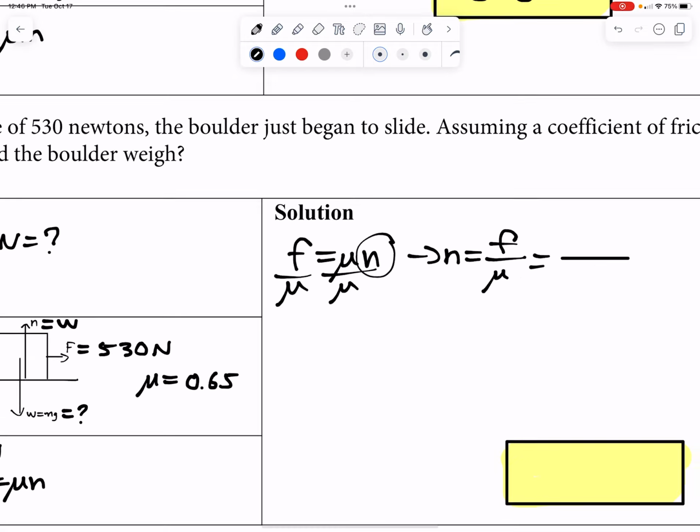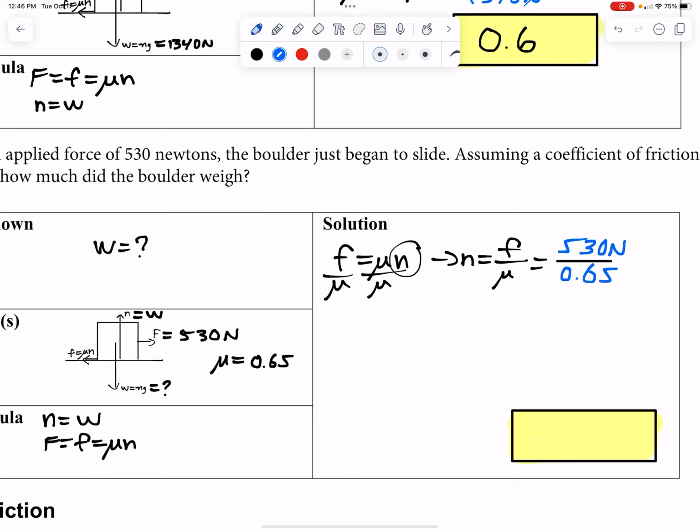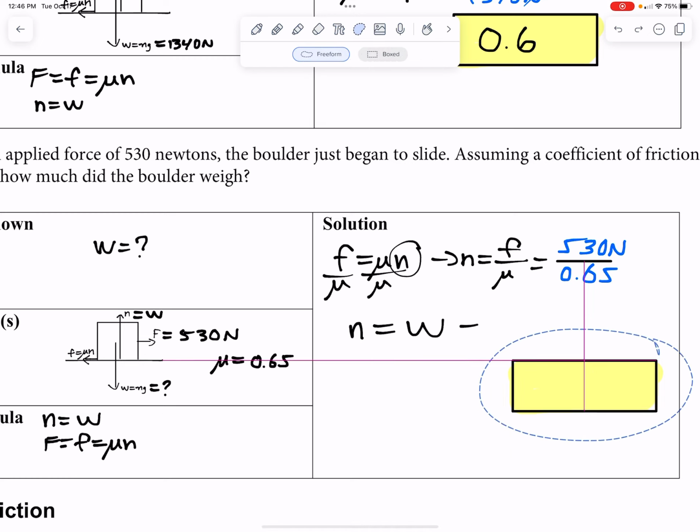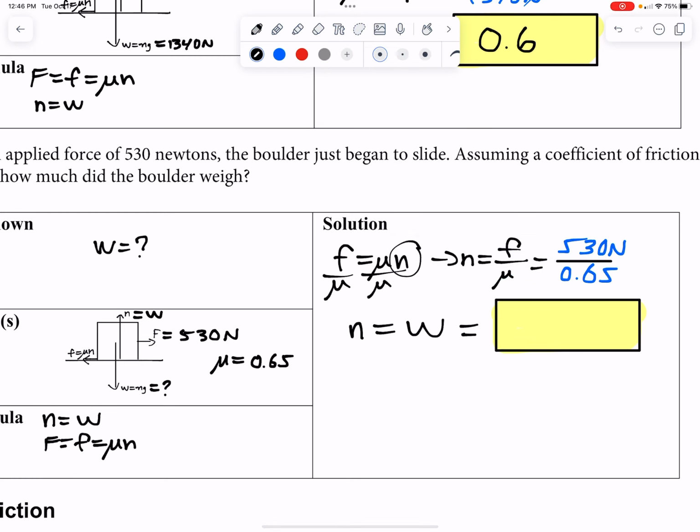The friction force is the same as the applied force, because we're balanced. So 530 newtons divided by your mu, which was 0.65, gives the normal force, which is the same as the weight, and that's what we're looking for. Go ahead and plug that into your calculator. You should find a boulder weighs about 815 newtons.